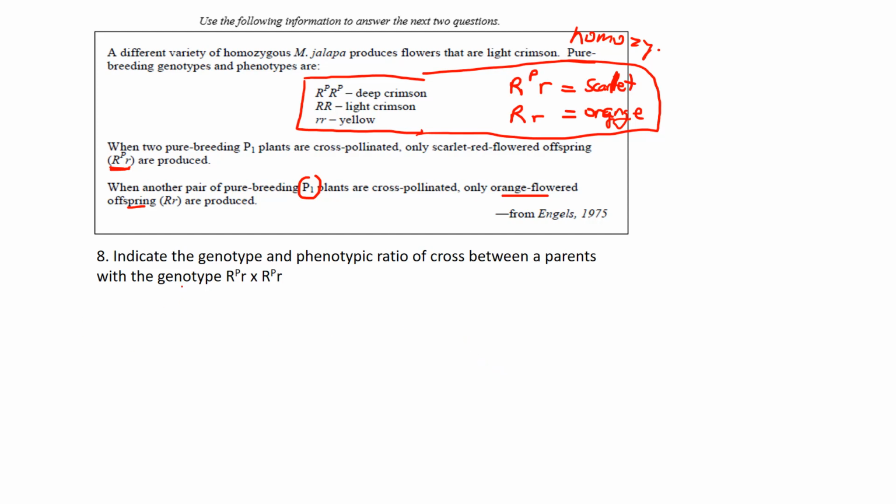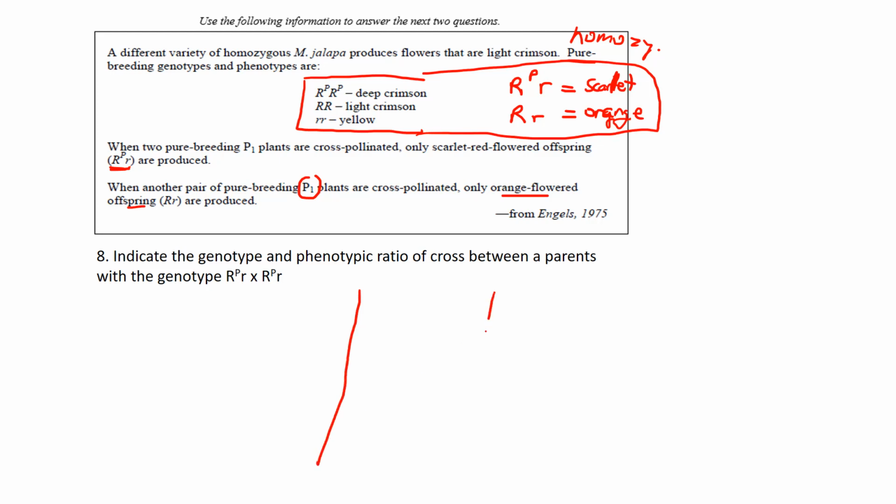So let's take a look at question number 8 now. It says indicate the genotype and phenotype of a cross between parents with genotypes capital R P with a little r, capital R P with a little r. Okay, if I take a look at my legend, we're taking two scarlets and crossing them together.